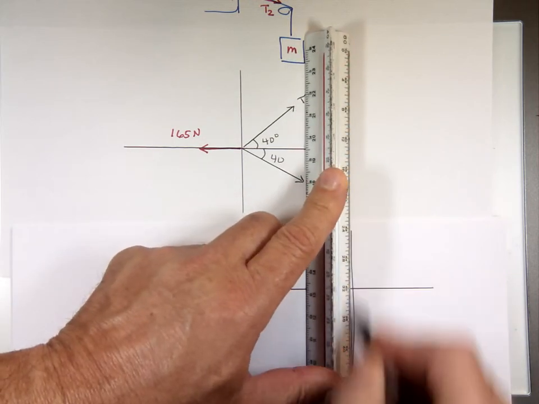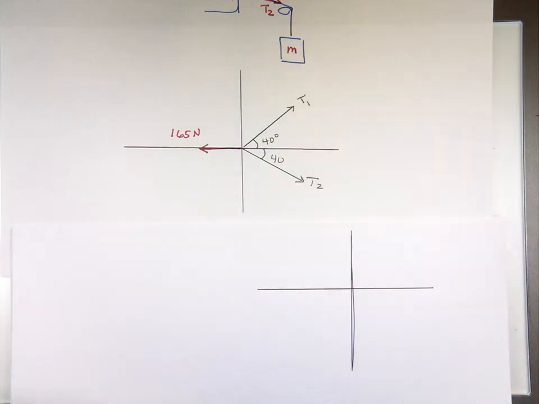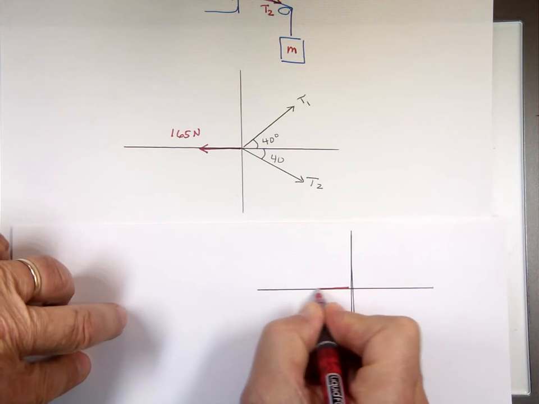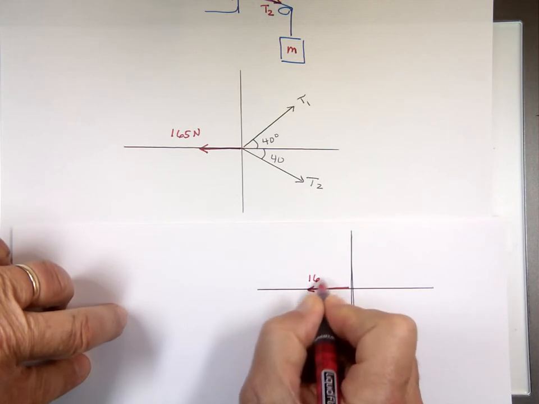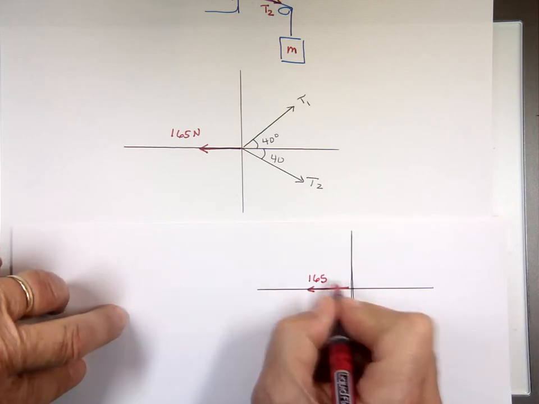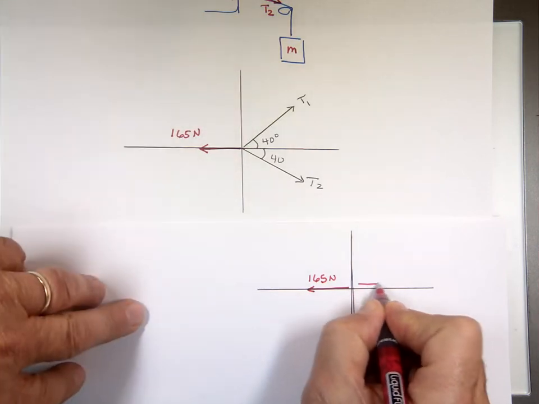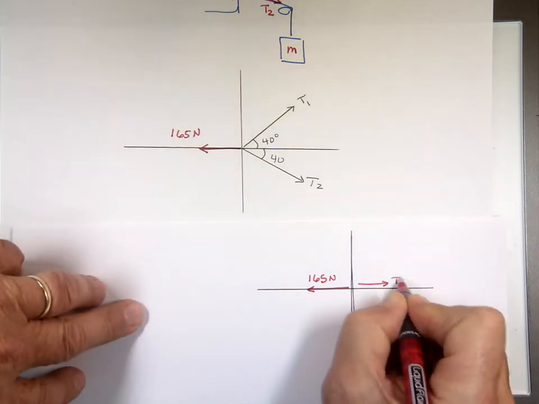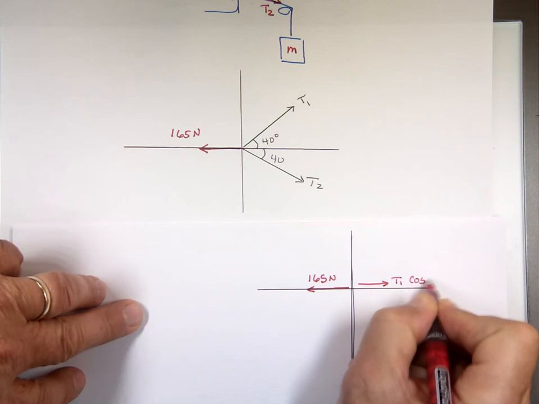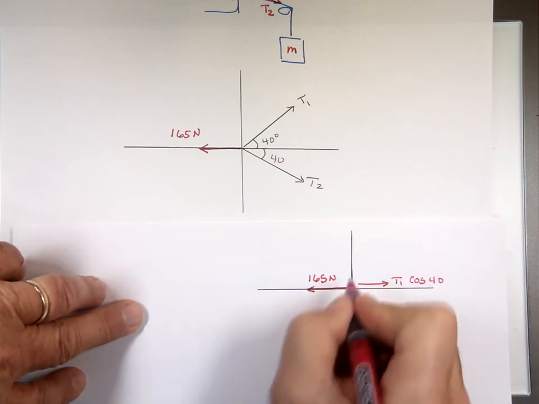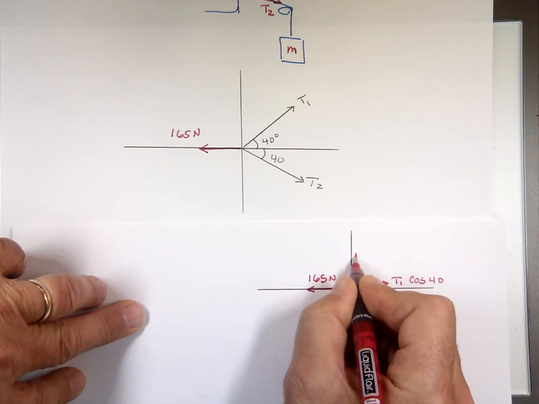Here's what I have. I have the 165 Newton going this way. This T1 is going to have a component in this direction: T1 cosine 40, and a component going upward: T1 sine of 40.